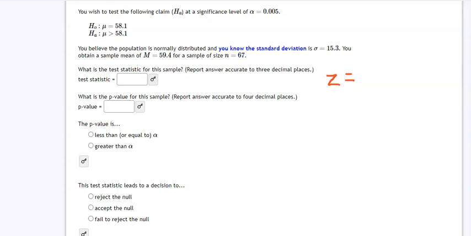And recall our formula is to take the sample mean, 59.4, subtract off the mean from our hypothesis, 58.1, and we're going to put that over the standard deviation, 15.3, over the square root of the sample size, which is 67.